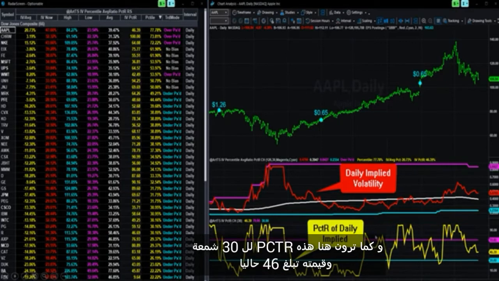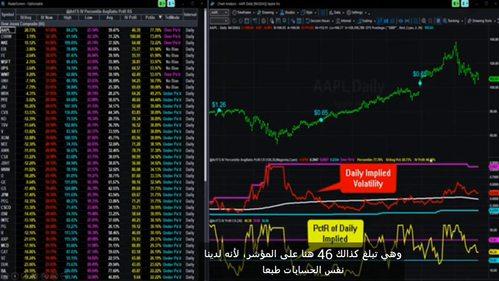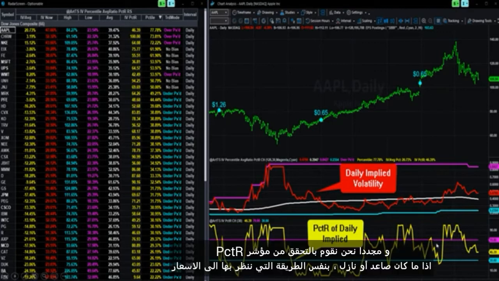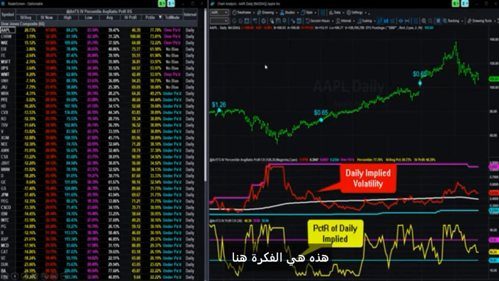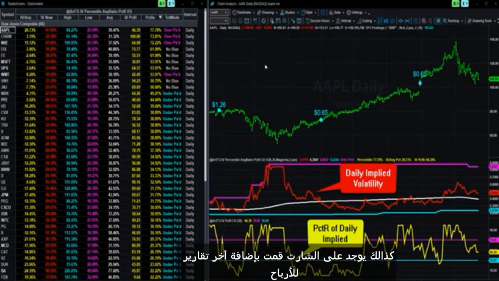Here you can see that this is the percent R for 30 bars, and that value is 46 right now, and it's 46 in this indicator. It's the same calculation, of course. Again, we're looking at whether the percent R is overbought or oversold, just like we would if it was looking at prices. But this is telling us whether the implied volatility for the options for Apple is overbought or oversold. That's the concept here.